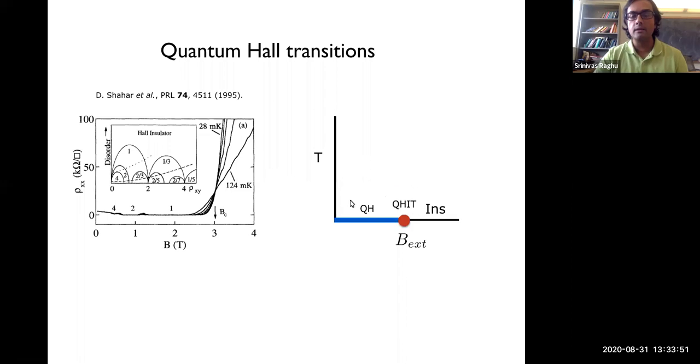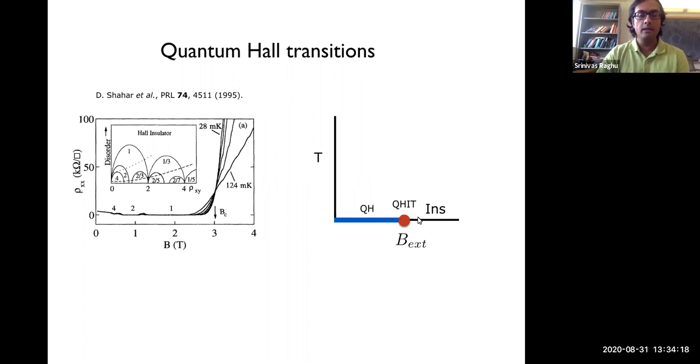And the cartoon I want you to keep in mind is that you have a quantum Hall state in a 2D electron gas in a perpendicular magnetic field. As we change the magnetic field, the quantum Hall state can give way to either a different quantum Hall state across a quantum Hall phase transition, a quantum critical point, or it can give way to an insulating state at the quantum Hall to insulating transition.